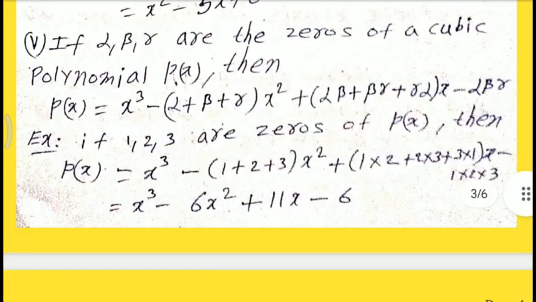Example, if 1, 2, 3 are zeros of p of x, then p of x is equal to x cube minus (1 plus 2 plus 3) x square plus (1 into 2 plus 2 into 3 plus 3 into 1) x minus 1 into 2 into 3, which is equal to x cube minus 6x square plus 11x minus 6.